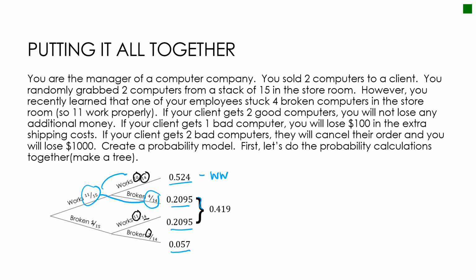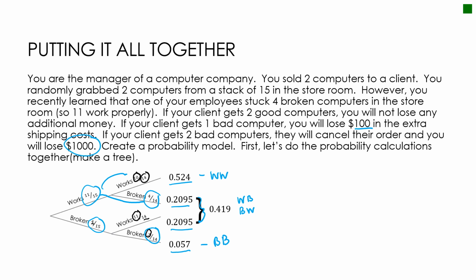I've grouped these together because they either got a working and a broken, or a broken and a working, but that's still the same outcome of losing $100. And on the very last branch, broken times broken gives me the probability that I'm losing $1,000.